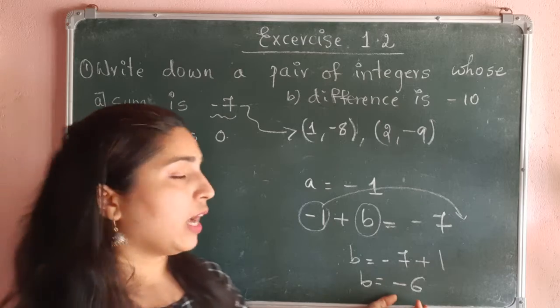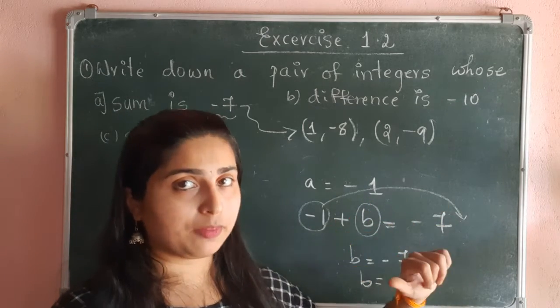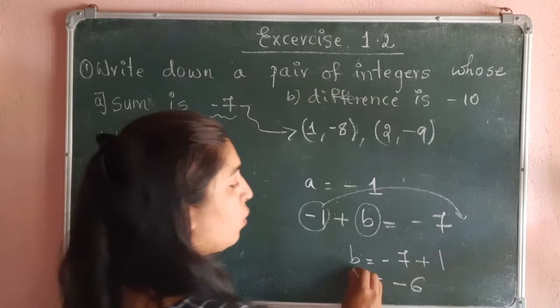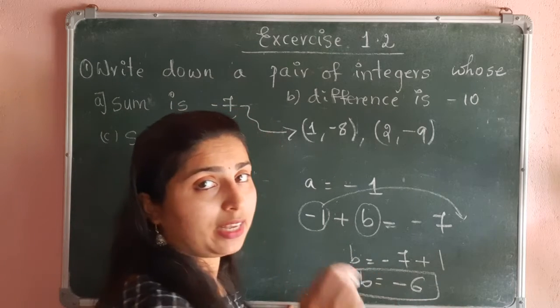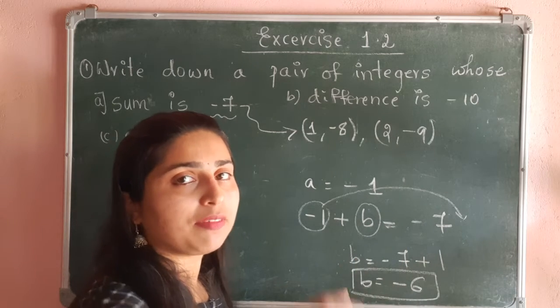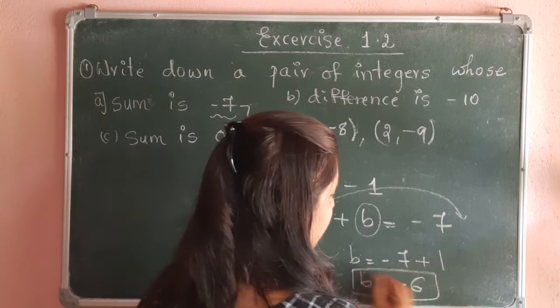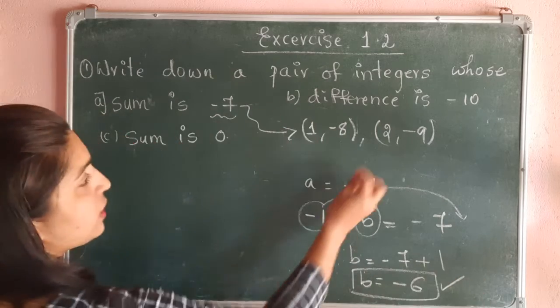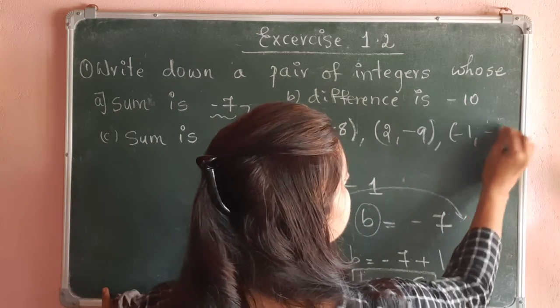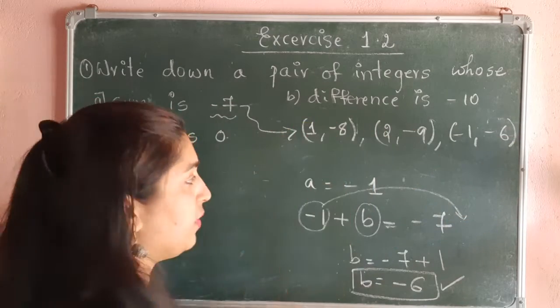I have already discussed addition in the previous lectures. So go to the addition of integers and try to understand the concept, and I will be mentioning that link in the description below. So b is equal to minus 6. So minus 1, minus 6 is another such pair whose sum is minus 7.